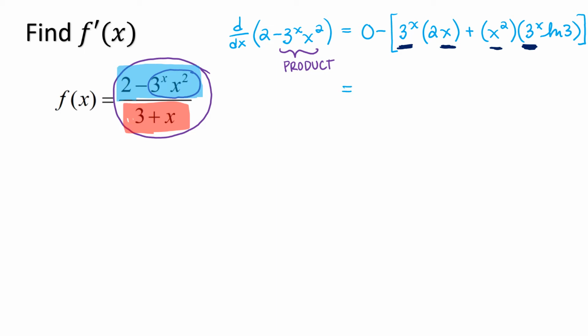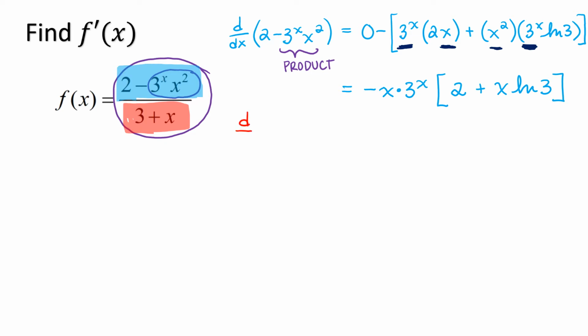So this will be equal to negative x times 3 to the x times, when we factor out x and 3 to the x from the first term, we're left with a 2. When we factor out x and 3 to the x from the second term, we're left with x ln of 3. So that is our derivative of the numerator.